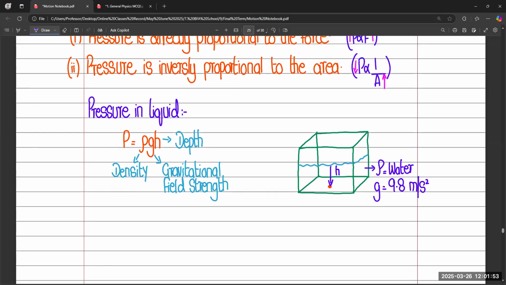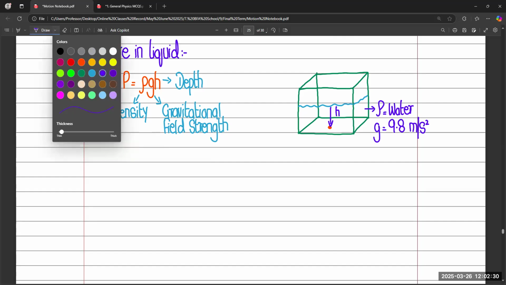And if we consider questions from pressure in liquid, there are so many questions related to it, because it depends upon the diagram also, and it has a formula to calculate. From this formula, you can see that all quantities are directly proportional. So for example, in this formula, the first factor is density.